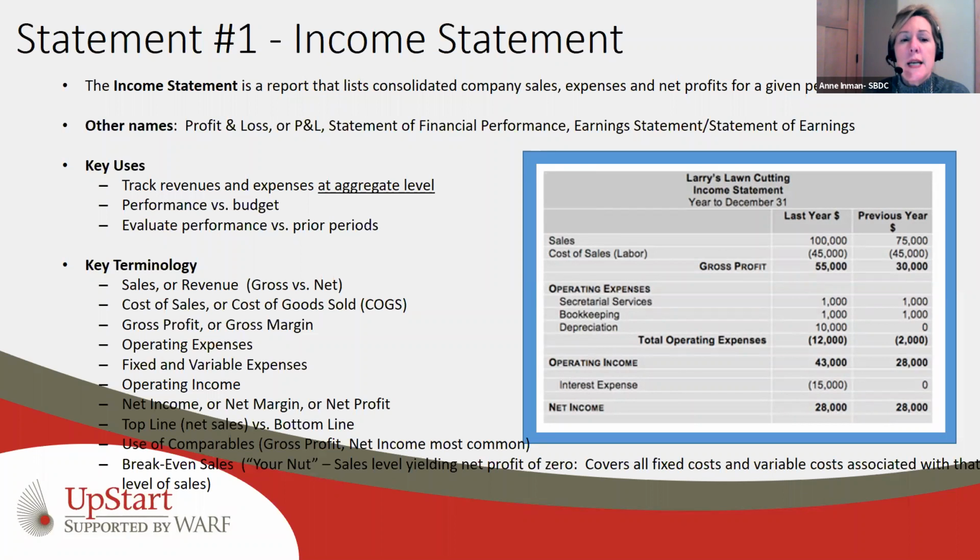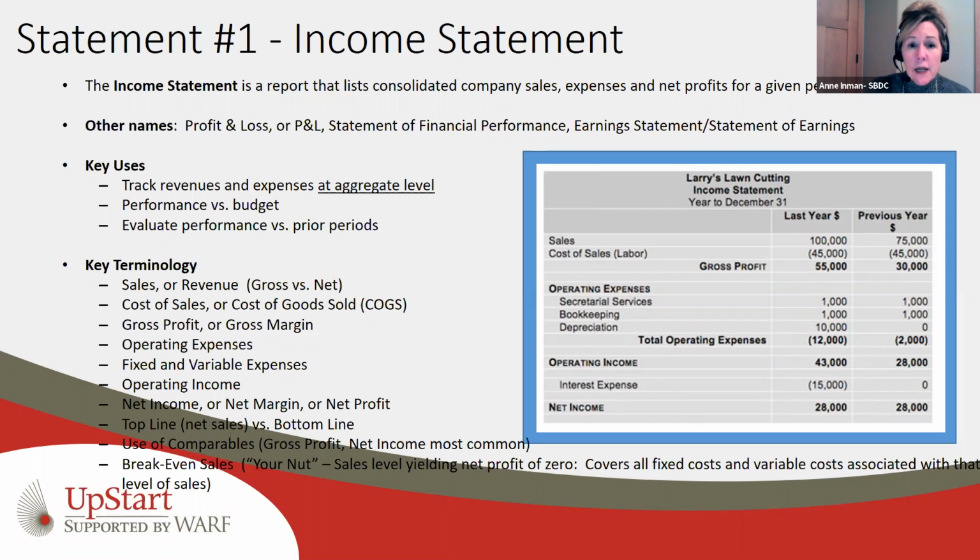Another concept I want to introduce is the idea of gross versus net sales. If you see net sales on an income statement, what that means is that business may track returns, for example, separately and show sales net of those returns. So just want to clear up what that might mean.